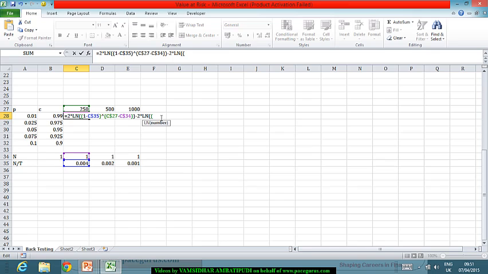I'll write it as 1 minus p to the power t minus n, multiplied by n by t, multiplied by p to the power n. So this is p to the power n.